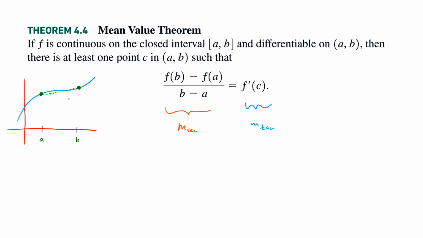So actually, let me draw a different curve that I can exaggerate a little bit here. So there's the secant line there connecting the points. The slope of that would be what we have here.